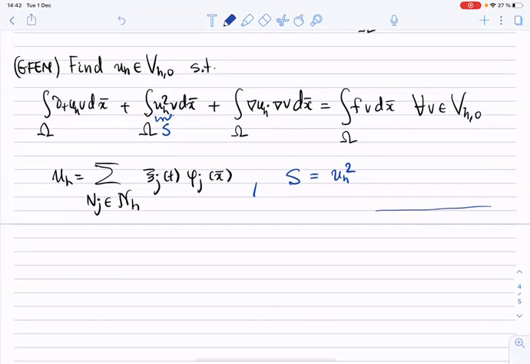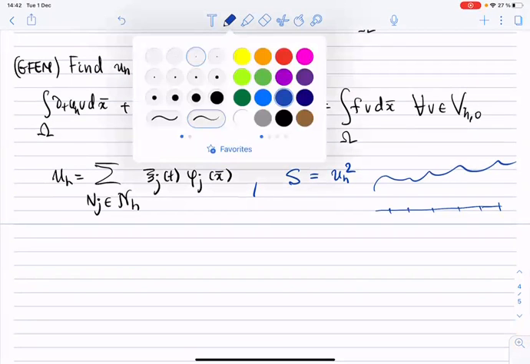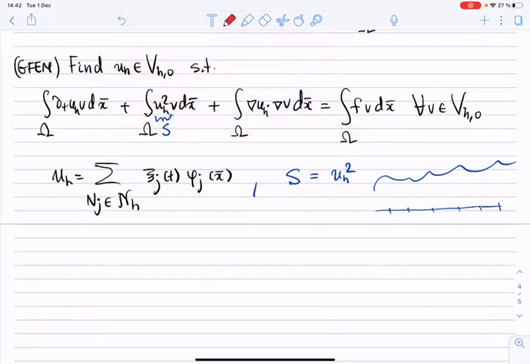So let's say that in 1D we have a domain and we split it by a finite number of points, and S is some nonlinear function, something like a wavy function, and we cannot construct this S analytically, but we can interpolate it. So our famous approximation is just interpolation. In this case, the easiest one is, of course, linear interpolation. So here we want to construct PHS so that it interpolates capital S.